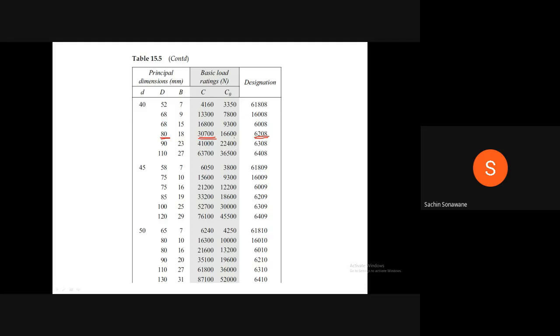Therefore, I think you have understood how to select the bearing from the manufacturer's catalog.